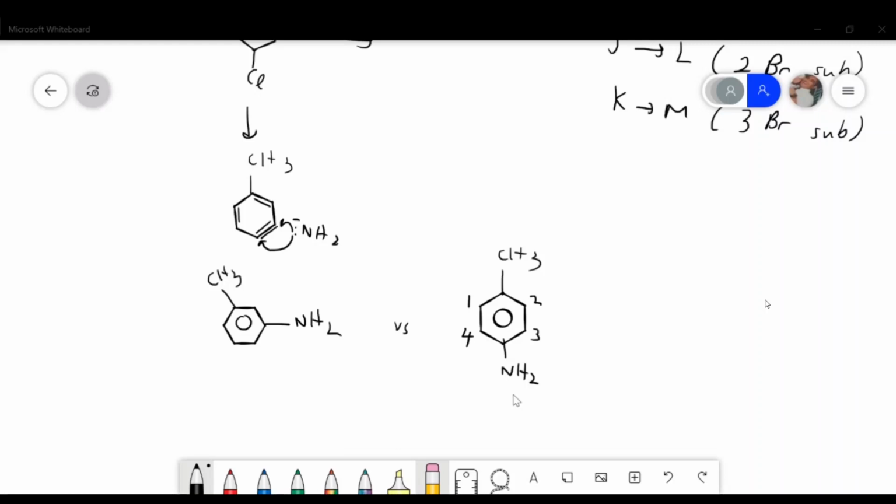It's going to be carbon 3 and 4, because those are the 2 positions with respect to NH2. So that's the second trap in this question. It will be useful for later anyway.